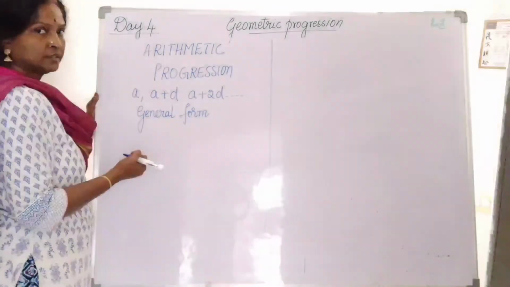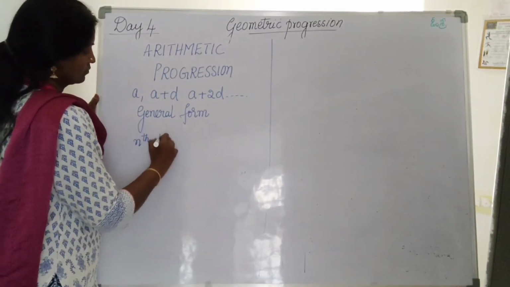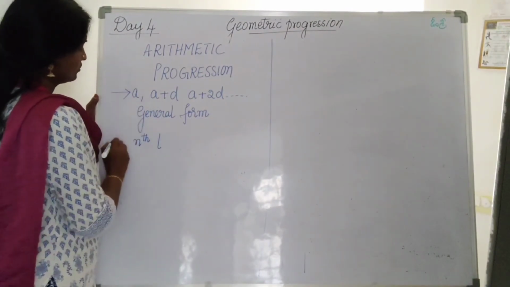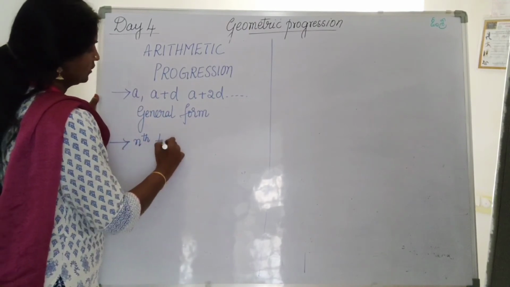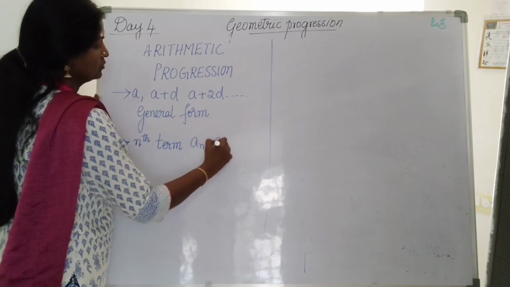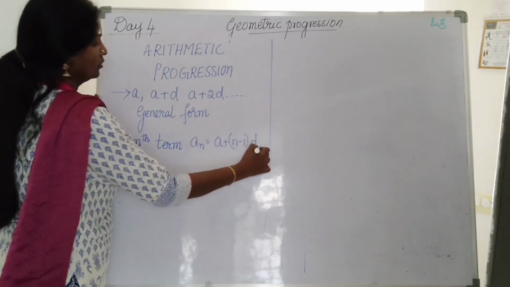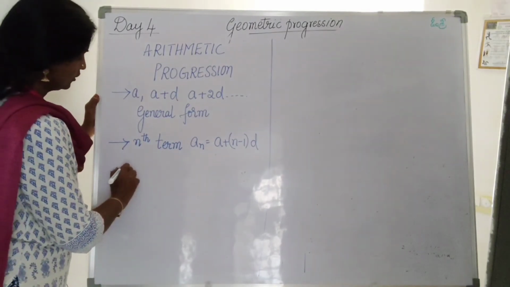This is the general form and this is the nth term formula: An is equal to A plus n minus 1 into D. Then what did we learn?